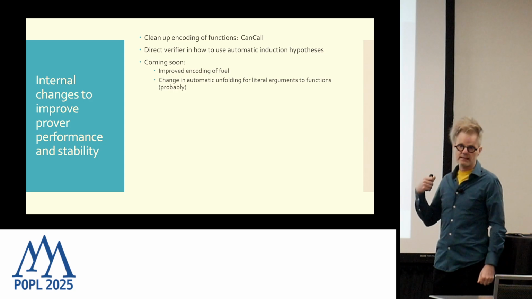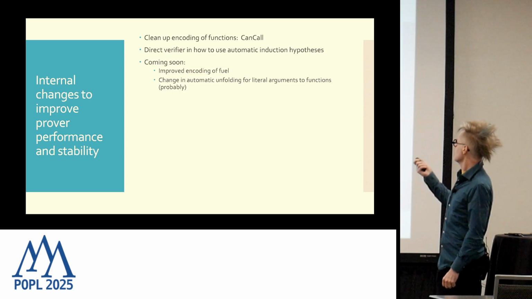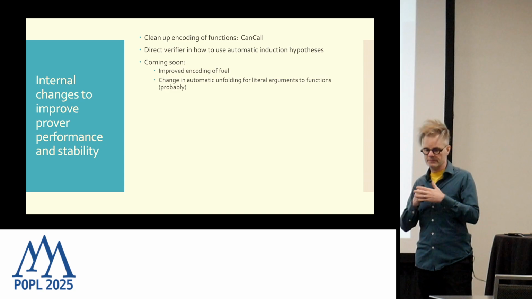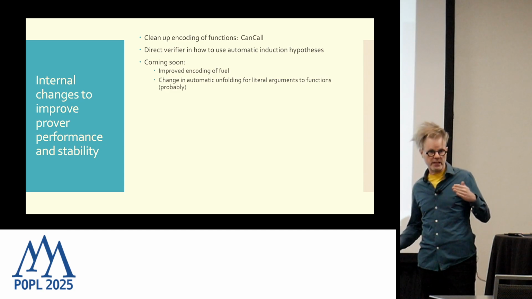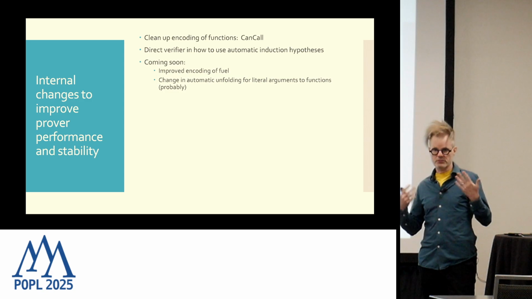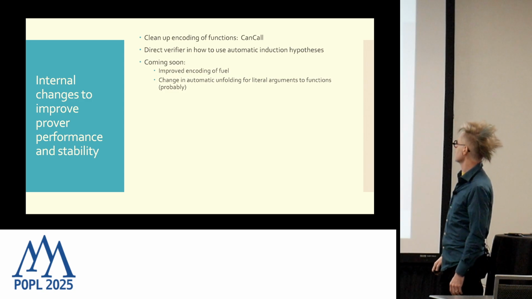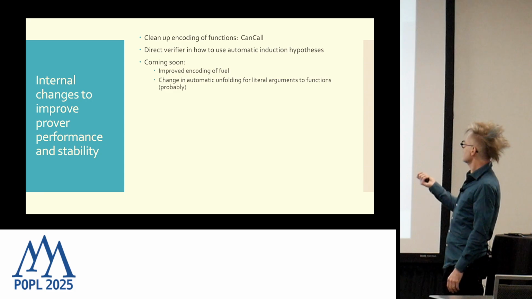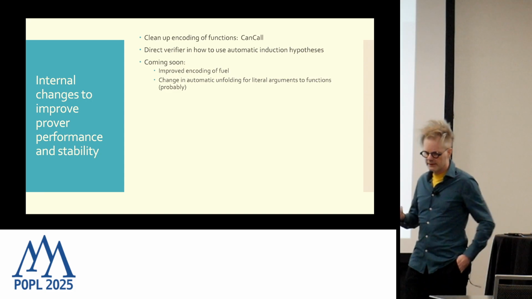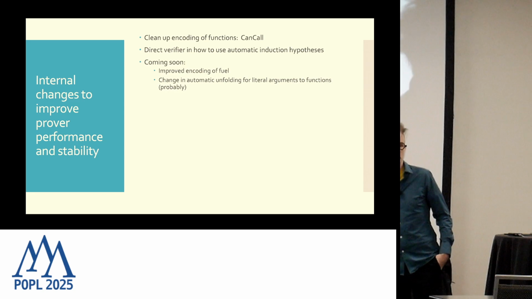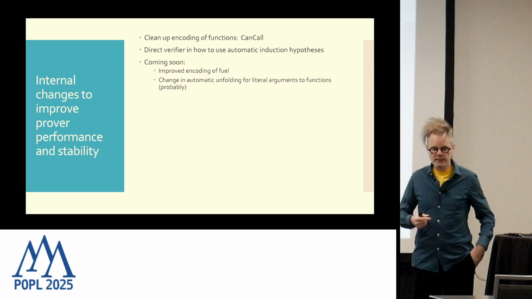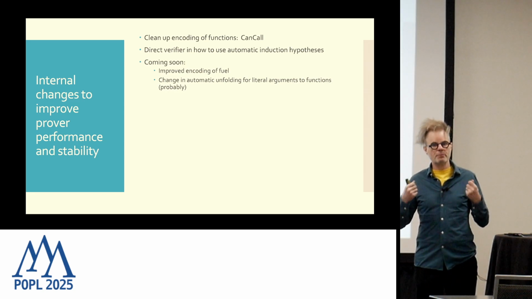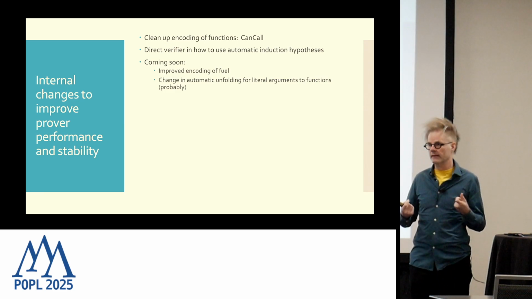And just as of this month, the can calls are now the only thing governing these preconditions to functions. There are directives that we use to tell the verifier which parts of a proof could be used.